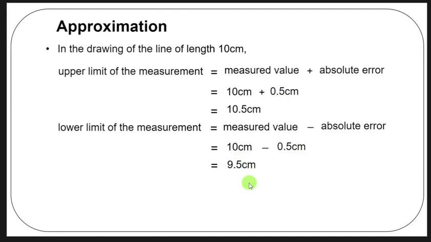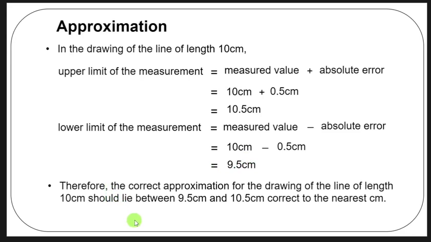So 9.5 centimeters is the lowest value they expected to make as far as an error is concerned in getting this 10. So the lower value by which they can be away from the actual value in the approximation is expected to be 9.5 centimeters.